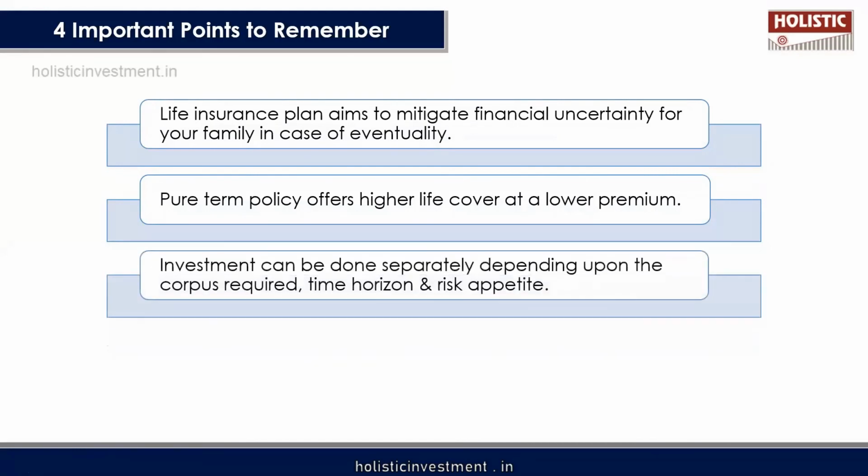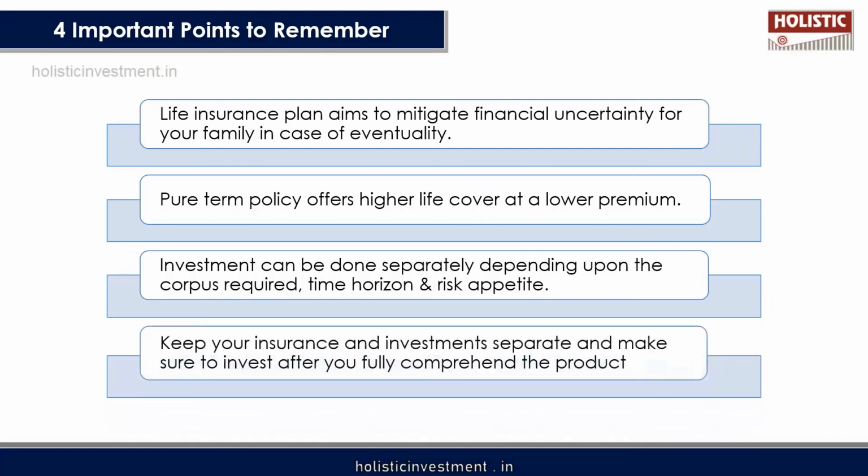Our third point is the investment can be done separately depending upon the corpus required, time horizon, and risk appetite. Our fourth and the most important point is keep your insurance and investment separate and make sure you fully comprehend the product before investing. These two simple tips will get you a long way.